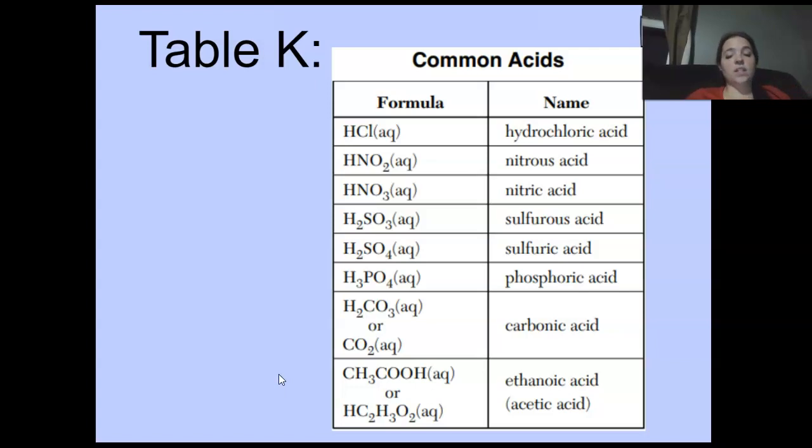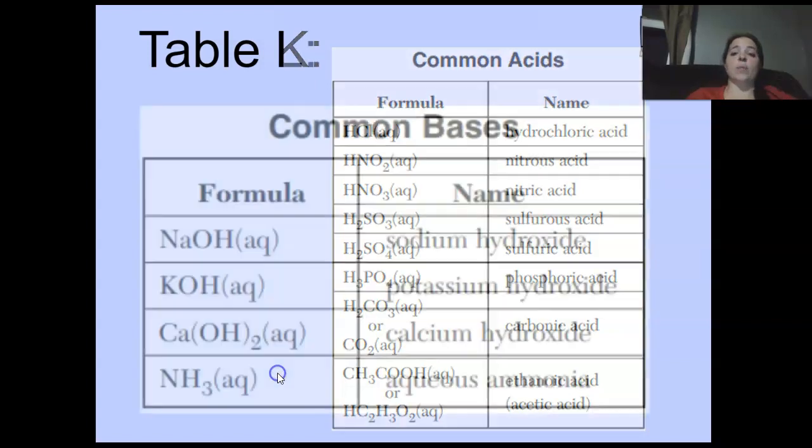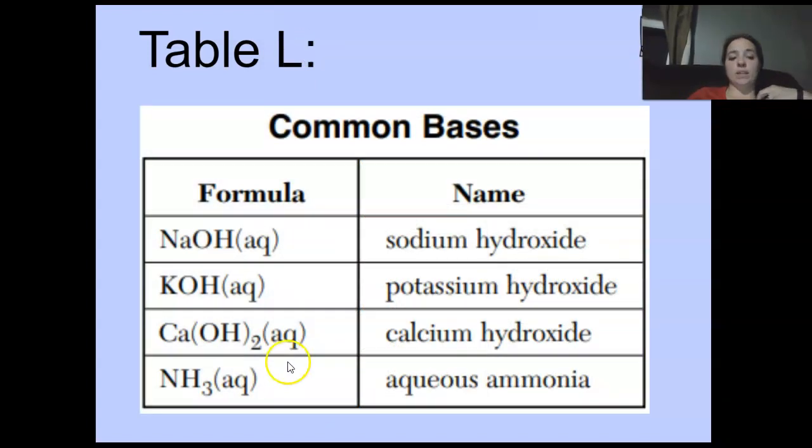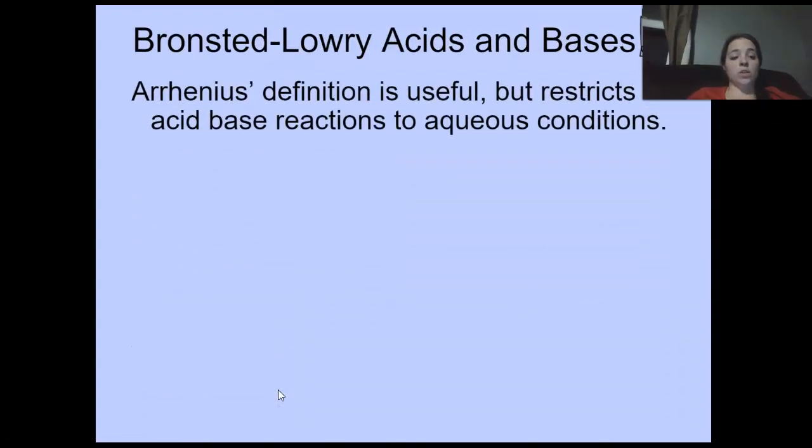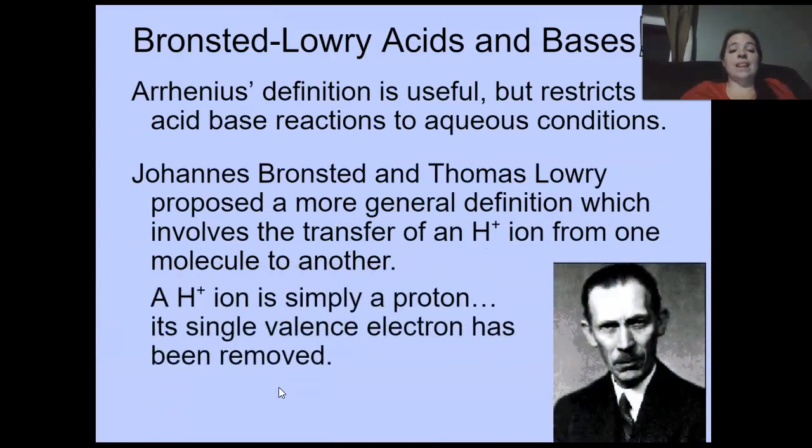The lovely thing is they're named for us. We just have to look at table K. We look right underneath it to table L. It gives you common bases. So you've got sodium hydroxide, potassium hydroxide, calcium hydroxide, aqueous ammonia. So there's that AQ. All right, so let's look at some Bronsted-Lowry.